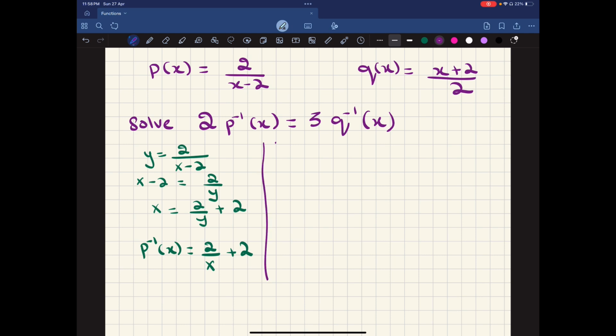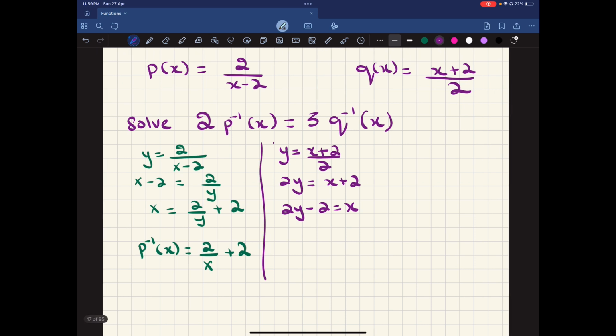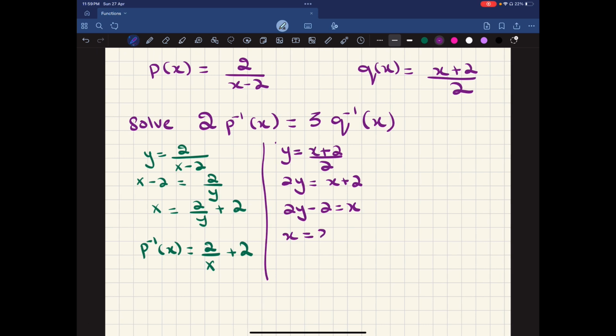Let's now find q inverse. So we're going to replace q of x with y. Let's make x the subject. Okay, so x is now the subject, which is, let's just write it the other way around. It's exactly the same thing. Let's make replacements.